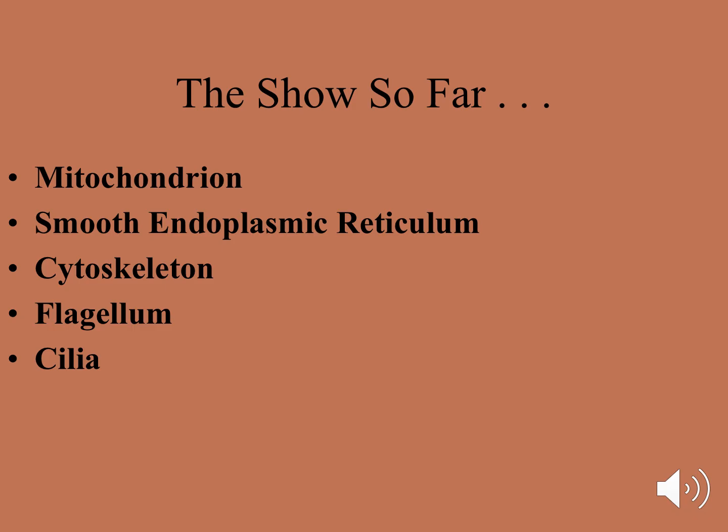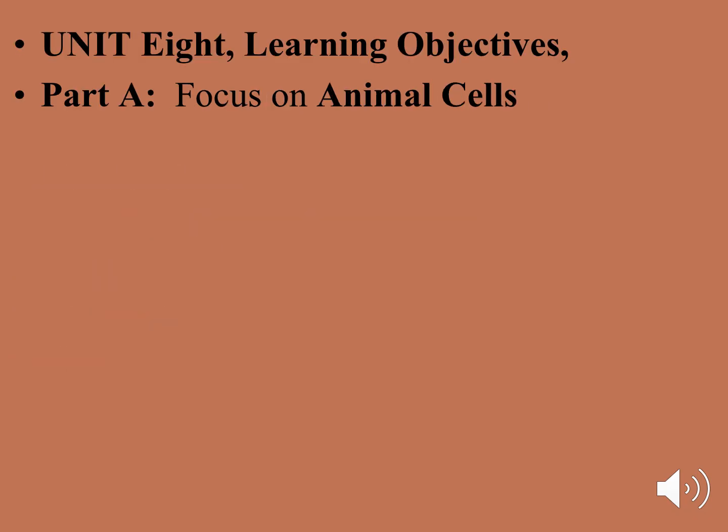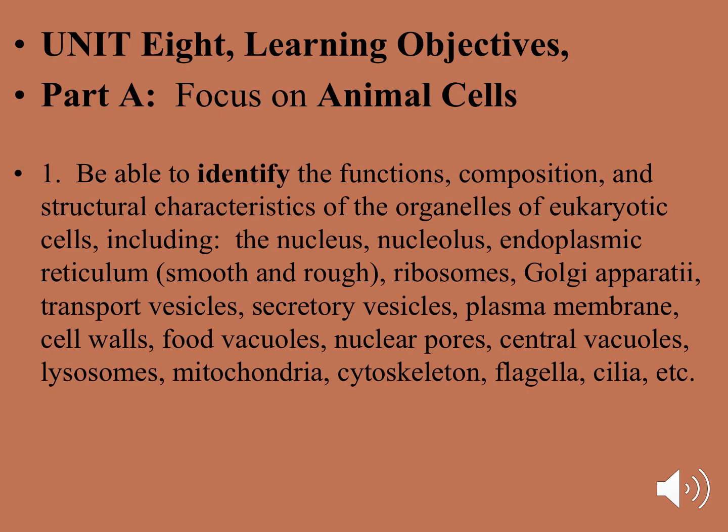So let's look at the learning objectives for Unit 8. The ones that we looked at here in Part A focus on animal cells. There's actually only one learning objective for this section, Unit 8, Part A, but it's a pretty big learning objective. It says be able to identify the functions, what does it do, composition, what is it made out of, and structural characteristics.